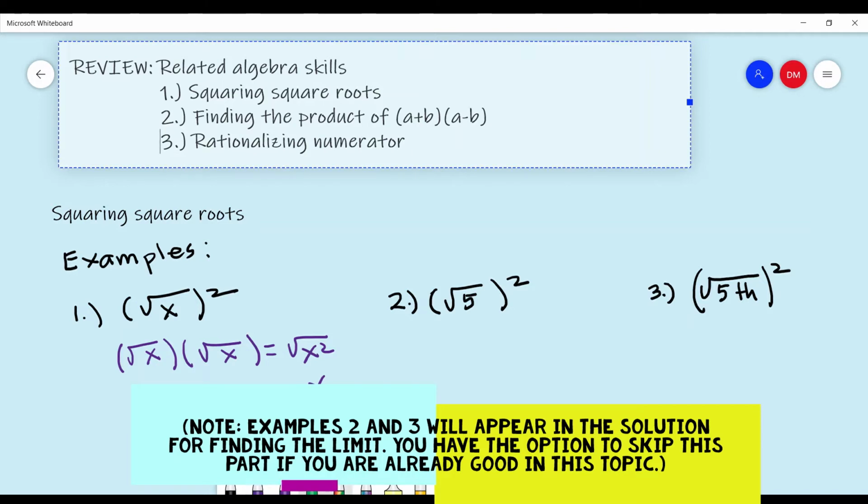But actually we can answer that by simply cancelling the radical sign and the exponent, and that will give us the same answer, which is x. So for number 2, the answer will be 5. And number 3, it will be 5 plus h.